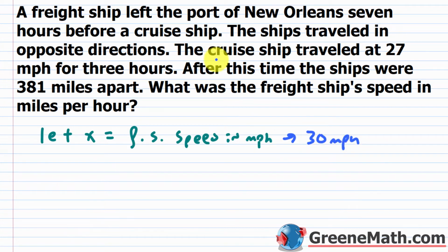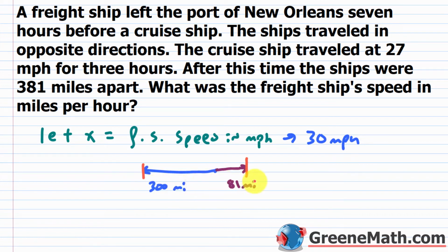So to check this, we know the cruise ship traveled at 27 miles per hour for 3 hours, so it basically traveled 81 miles. Then we also know that the freight ship traveled at 30 miles per hour for 10 hours, so that's 300 miles. So if somebody starts here and goes 300 miles, and the other person starts here and goes 81 miles like this, at the end of the day, the distance from here to here is going to be the sum of the two, right?